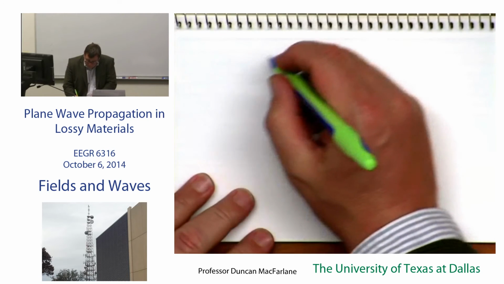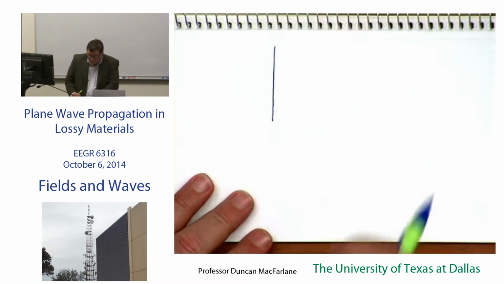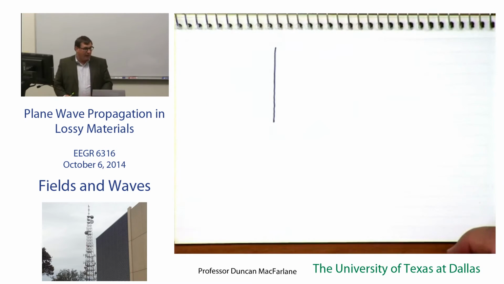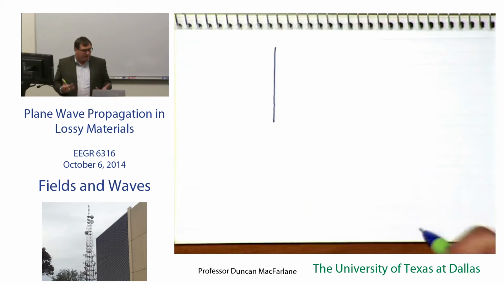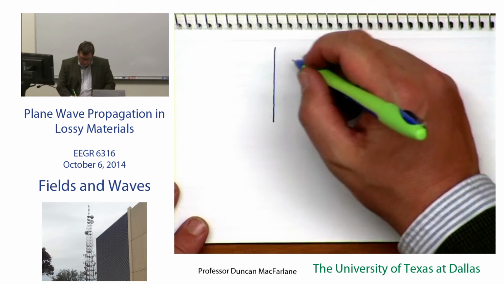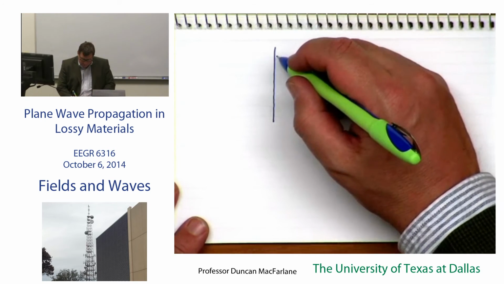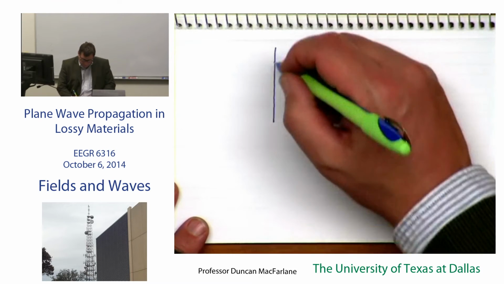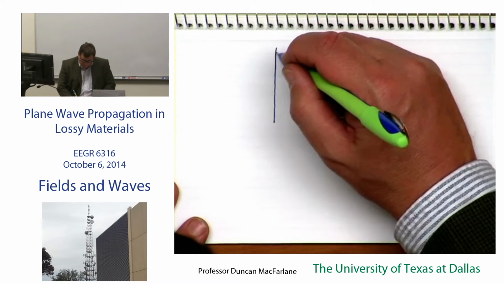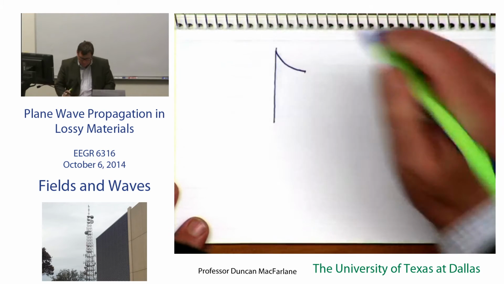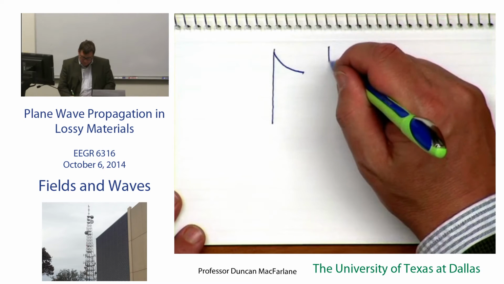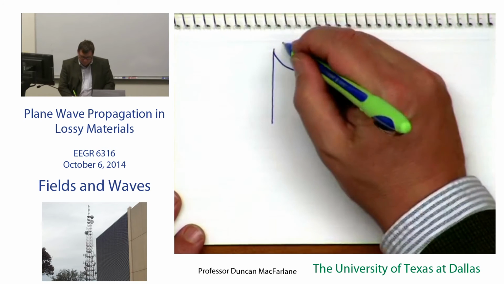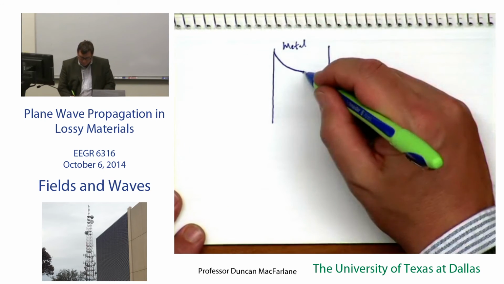So if I have a boundary, and we're going to do this in better detail next time, but maybe this is more practical than what we'll do next time, so it's worth looking at. I'm going to have two situations. I'm going to have a decaying exponential that looks like this, and a trace thickness that's this wide across metal.